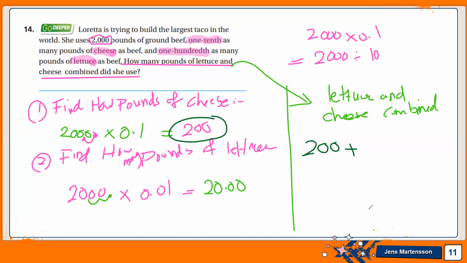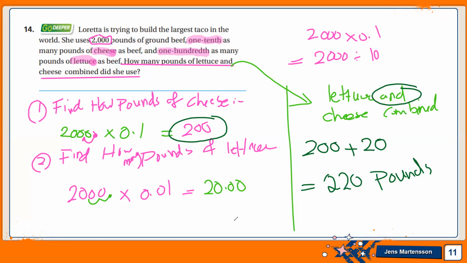The summation, and it means plus. 200 plus what? Plus 20. So 200 plus 20 is 220 pounds. That's it. Yes. Is it clear? Okay.